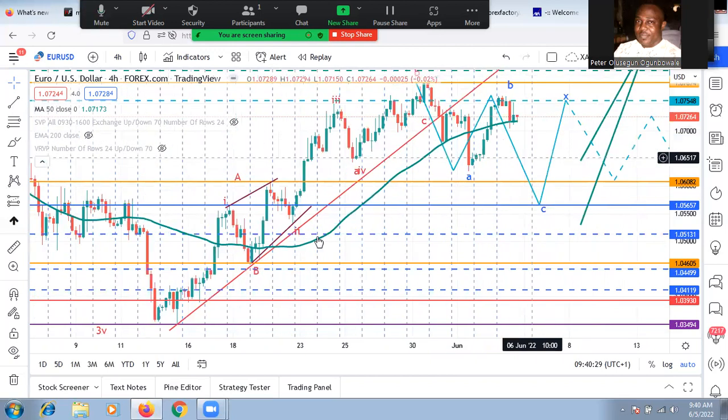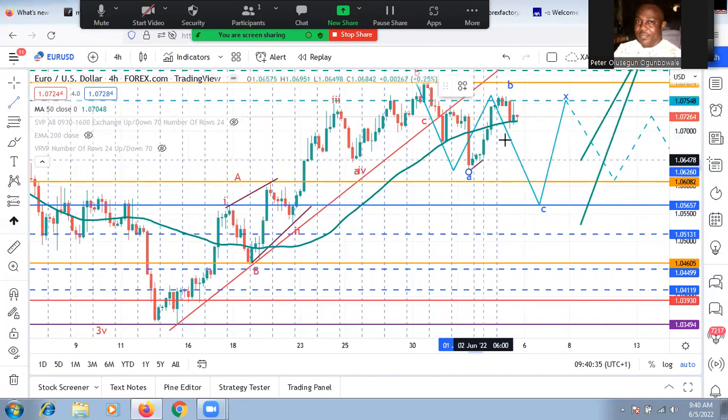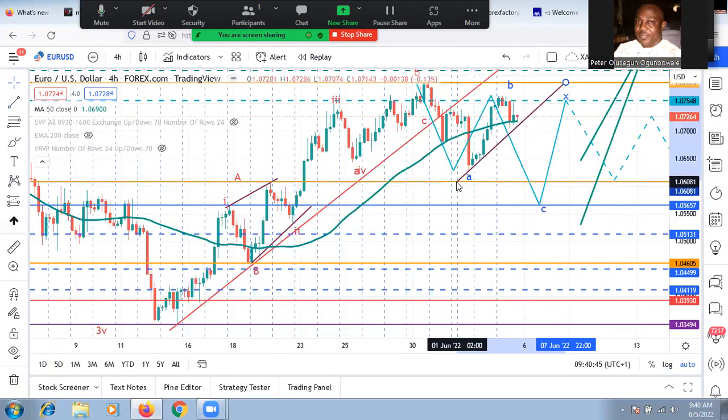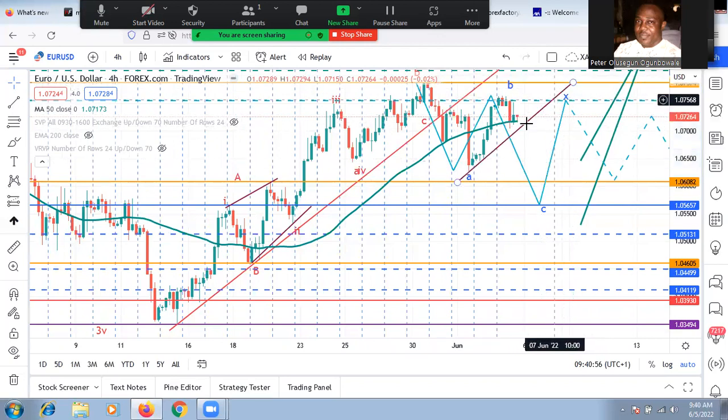Then we're looking at B. From here to here, you connect your B. And that's the importance of you knowing what the price is doing. So once this one is taken to the downside, we know that B is completely gone and we are doing a C.